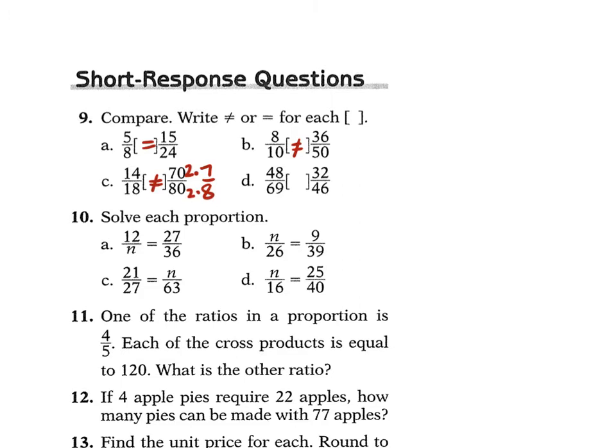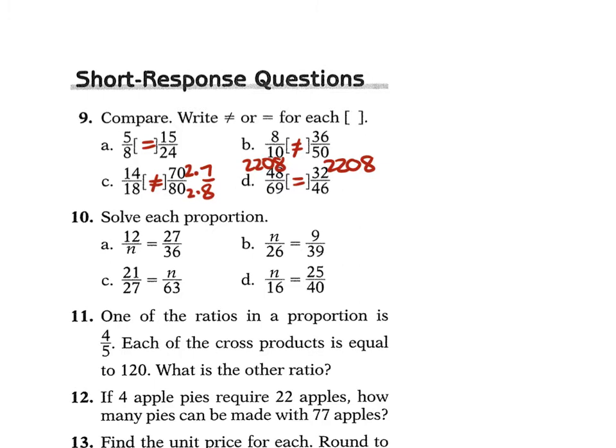With both of these, really, you could divide them by 2, and then simplify, and then see if they are equal to one another. Or you can cross multiply, which we could have done in all of these. So if you were to cross multiply, the 48 times 46 is 2208. And then the 69 times 32 is 2208.